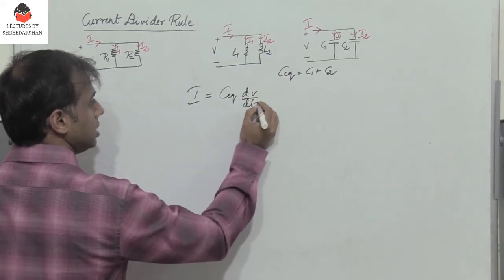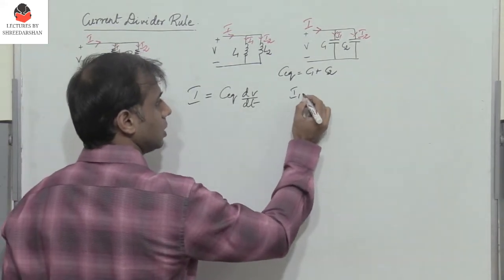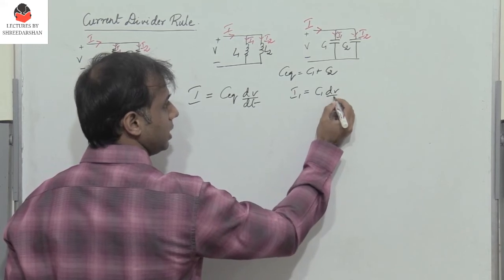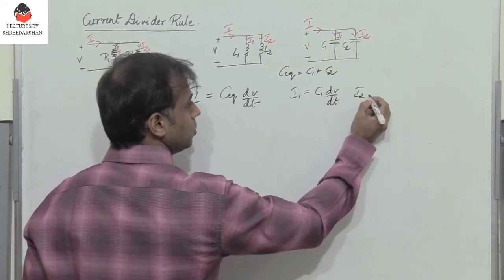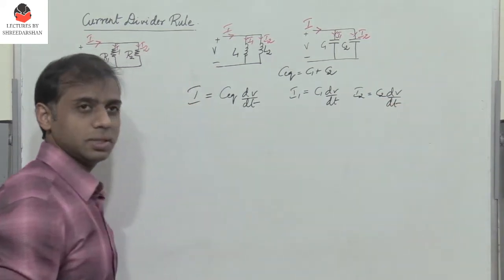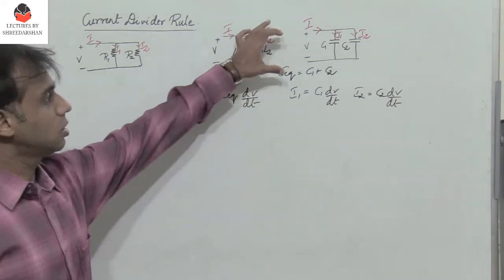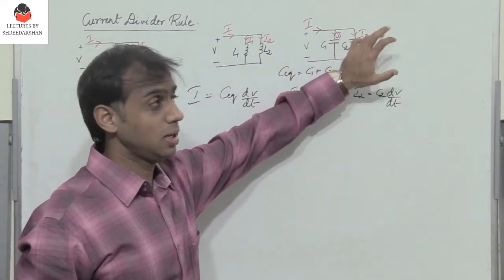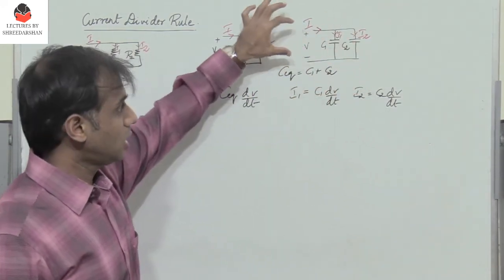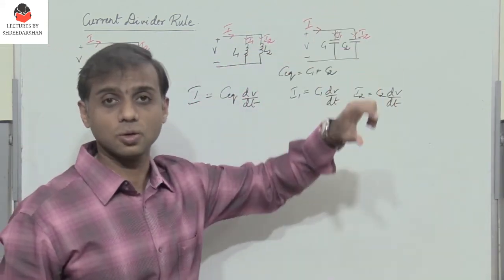dV by dt. Now similarly, what is I1? I1 is C1 dV by dt. And what is I2? It is C2 dV by dt. So remember that since the two capacitors are connected in parallel, the voltage across these two capacitors remains the same, and that is equal to V. So I have voltage V appearing across C1, and the same voltage appears across C2.